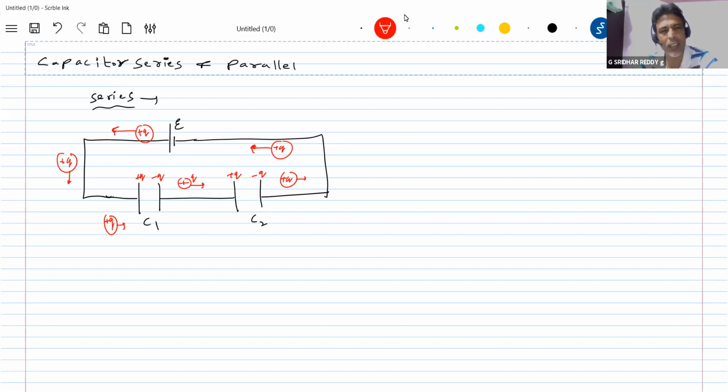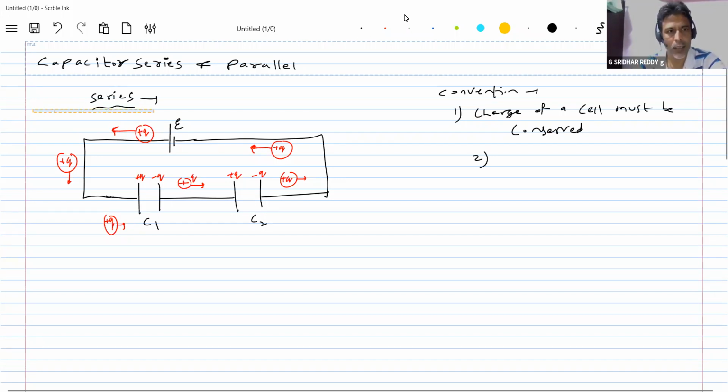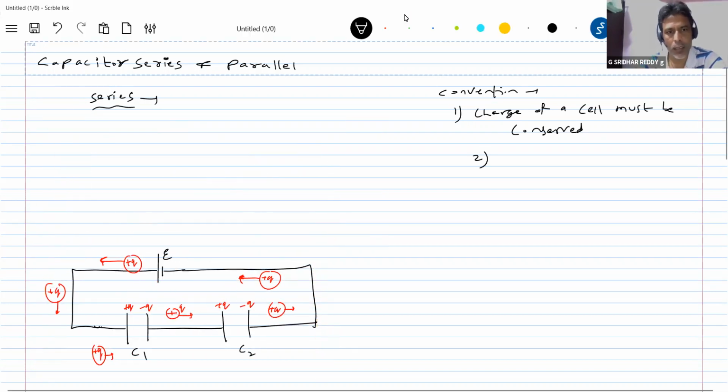So whenever you are distributing charge, what are the rules you have to follow? Some certain rules, or better you say convention. Charge of a cell must be conserved. Look at the same circuit.